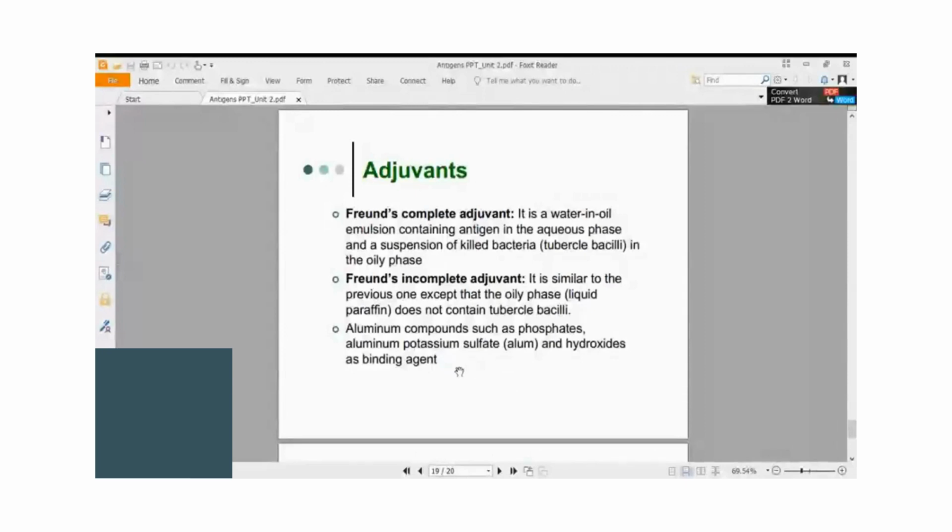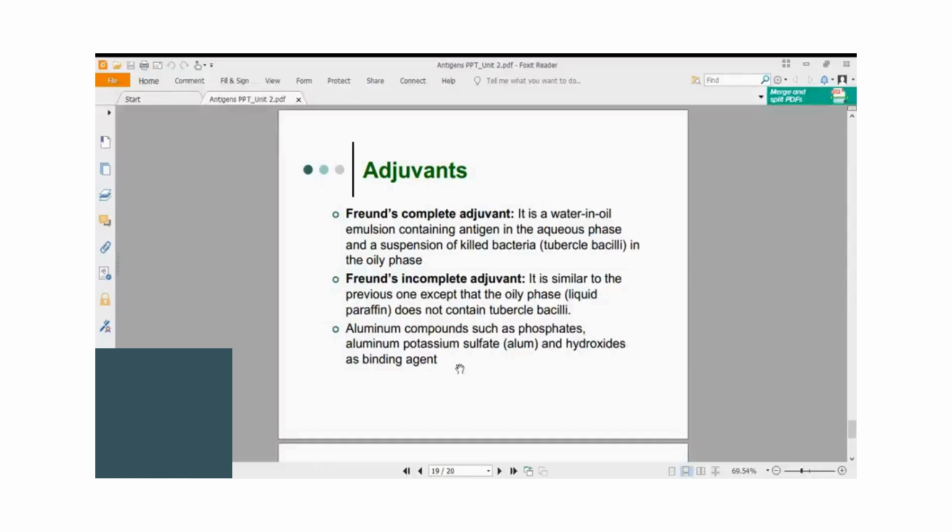It is a water-in-oil emulsion, where the oil phase will be paraffin oil, not any other oil, not vegetable oil. It is a paraffin oil. Paraffin oil is also called mineral oil. It is obtained during the distillation process of the petroleum refinery.